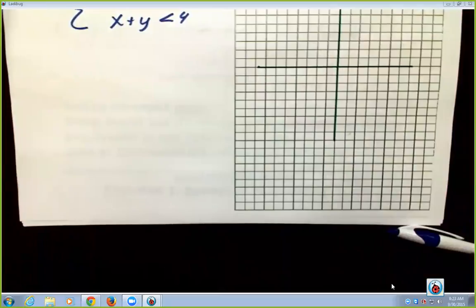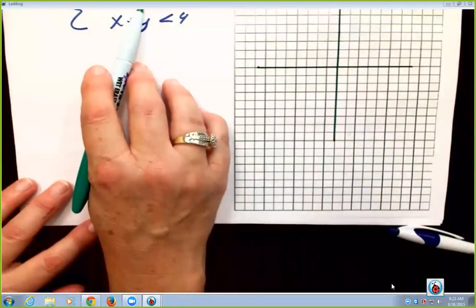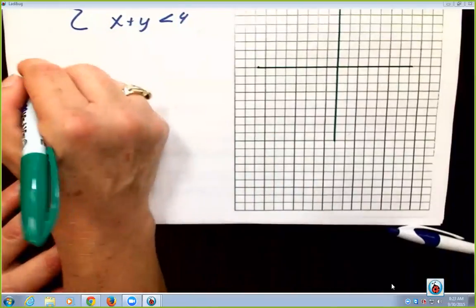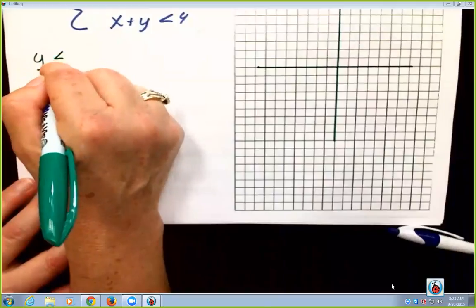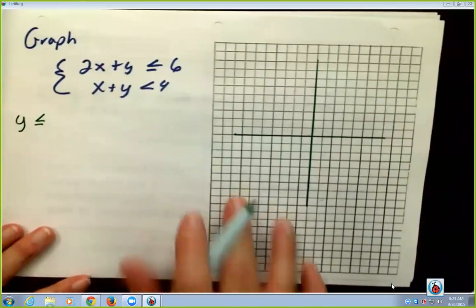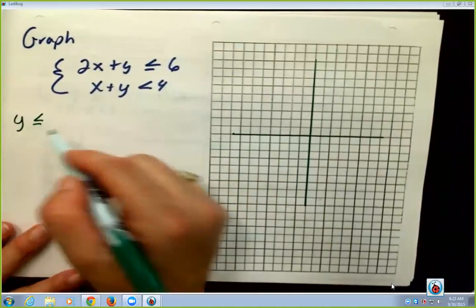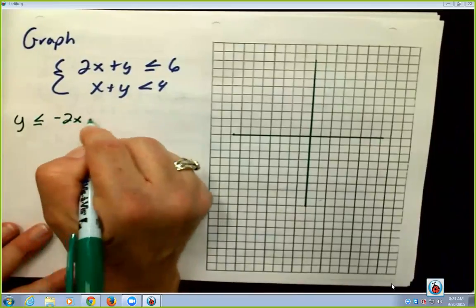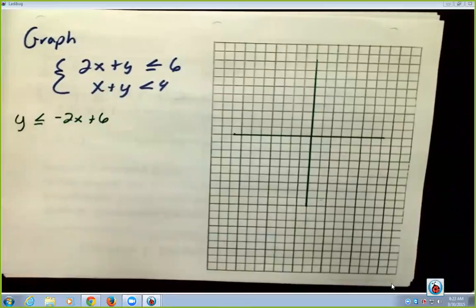But so we would solve for y. So when I do that, move my 2x over, and I find y is less than or equal to a negative 2x plus 6.